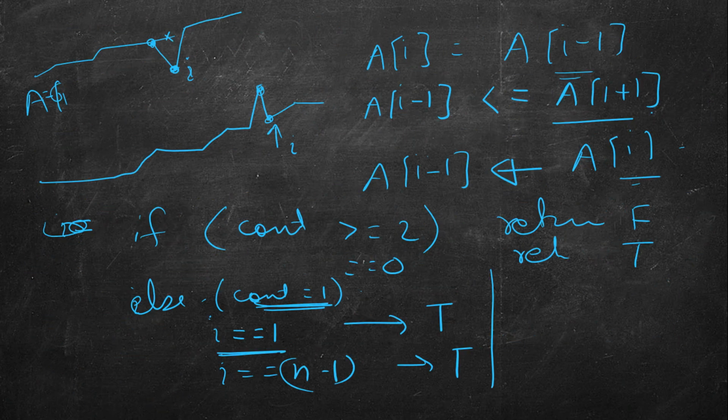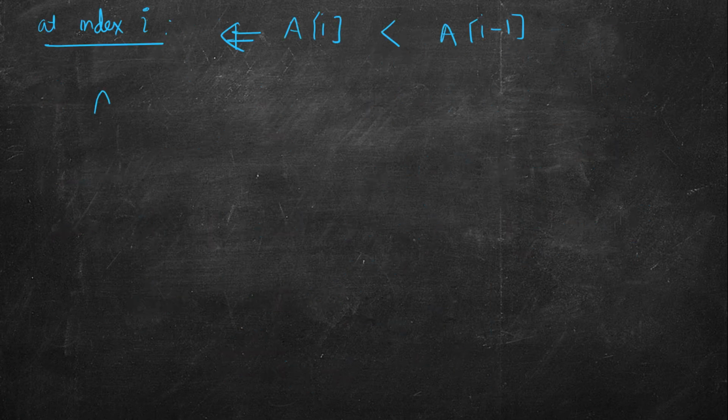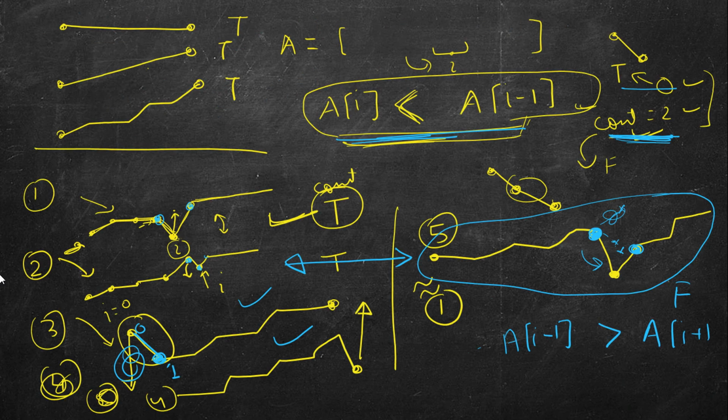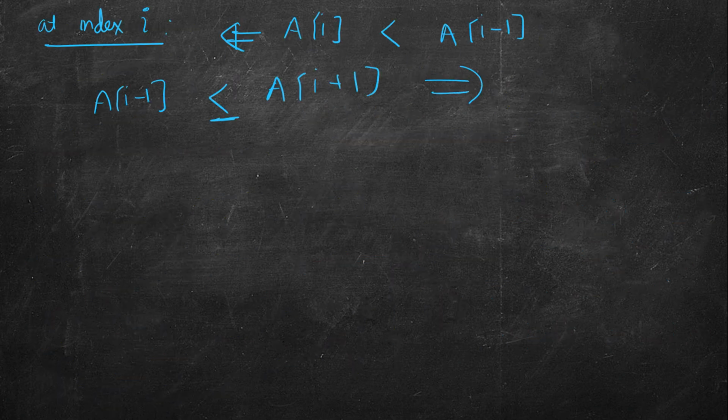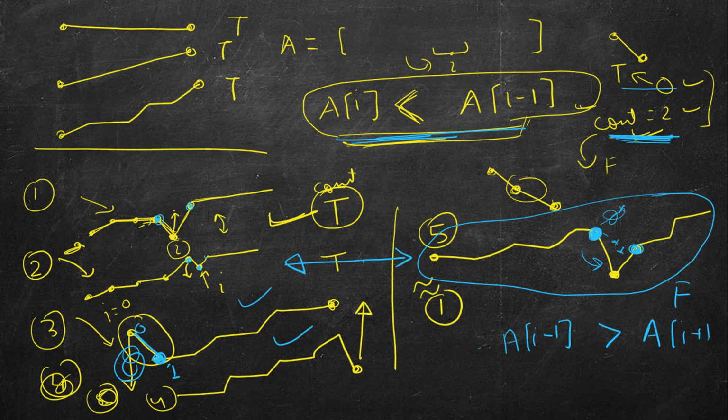One is that A[i-1] is less than or equal to A[i+1]. So this is the good case where it's true. So in this case, return true. Else these two cases, case 2 and case 5.